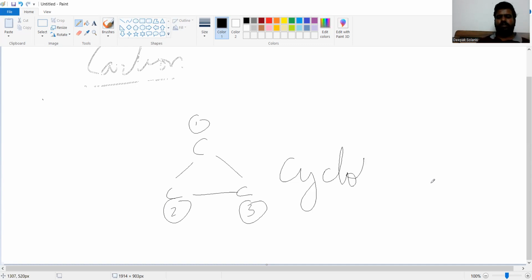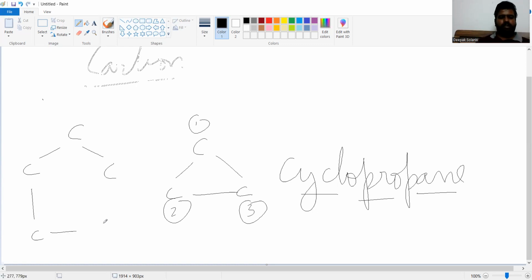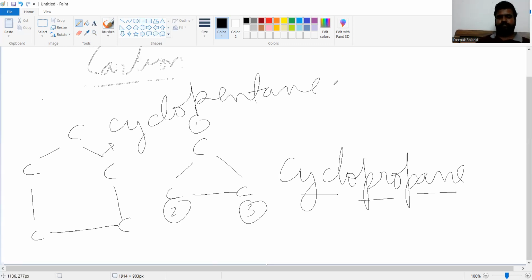This name is cyclopropane because a 3 carbon chain is there and single bonds are there. One more example, C, C, C, C, and C. What will this be? This will be cyclopentane.